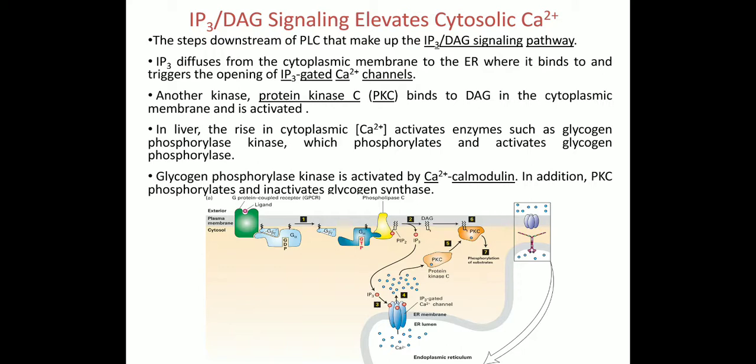As endoplasmic reticulum calcium stores are depleted, the IP3 gated calcium channels bind to and open store operated TRP calcium channels in the plasma membrane, allowing influx of extracellular calcium.